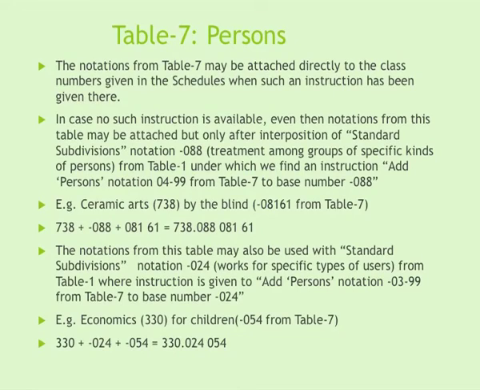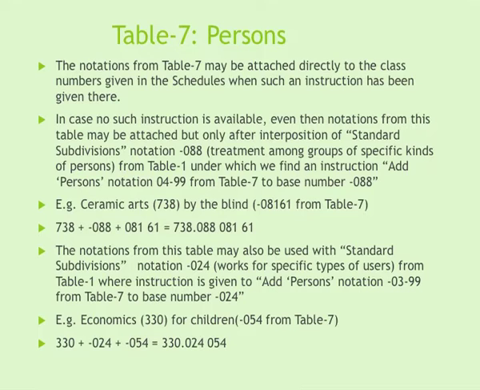In case there is no instruction, but the component of table 7 is to be added with the main subject number, then there is another alternative. We have standard subdivision notation 088.